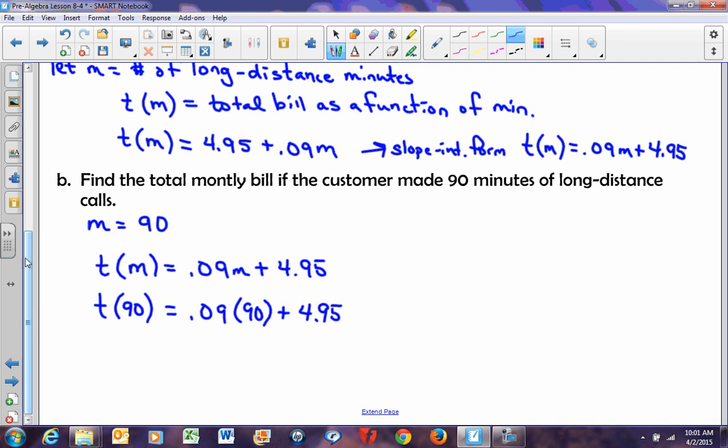If we multiply 0.09 times 90, we get $8.10. So this becomes $8.10 plus the $4.95 we already had to pay, which means the total monthly bill for 90 minutes of calling is $13.05.